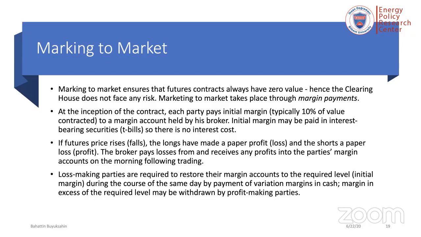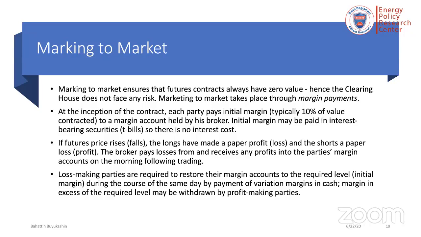Basically, when volatility increases in the market, you can see margin requirements getting higher and higher. Yesterday, when I checked the margin requirements for the WTI contract, especially the nearby contract, it was close to 40% or something, as opposed to the typical 10%.